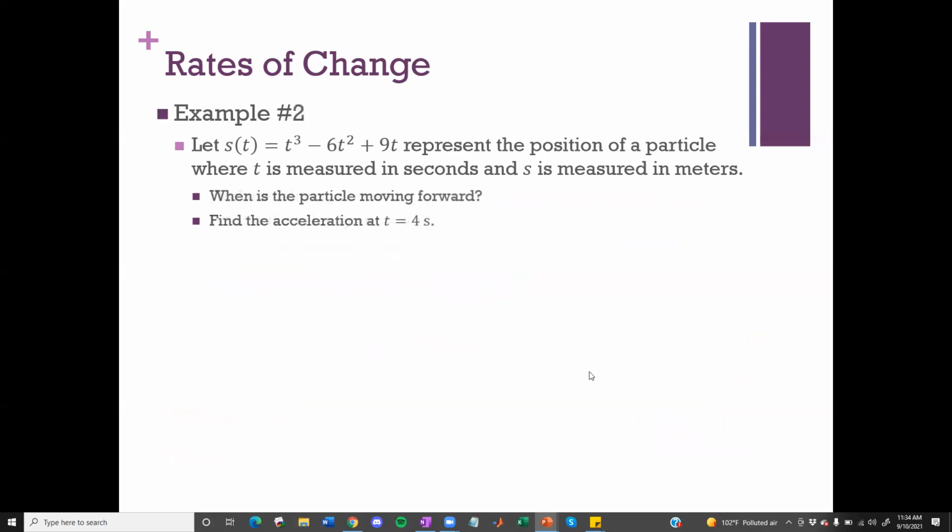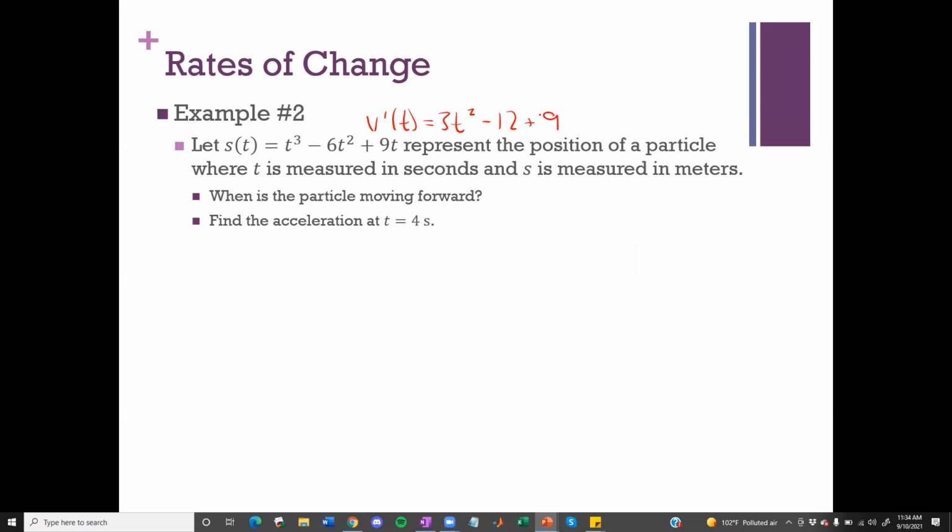All right, let's go into a little more detail here. When is the particle moving forward? I'll go ahead and write down the velocity again. We already have it. If I ask a question like that, how can I figure that out using my mathematical information? Let's be real specific here.